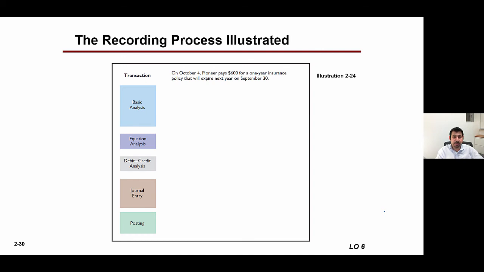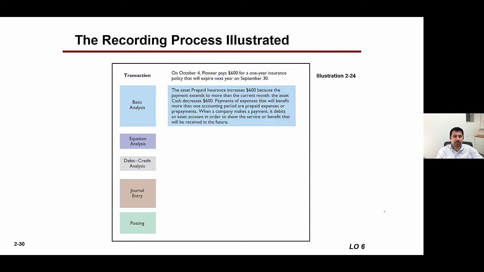Because Pioneer has not utilized this insurance policy. As a result, this is considered prepaid insurance, and this is an asset. Later on, Pioneer will be using this asset in their business to generate revenues.